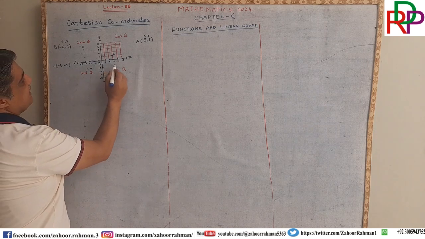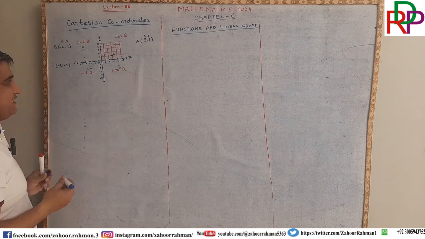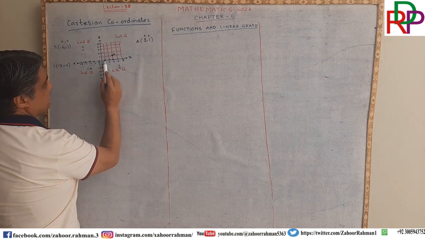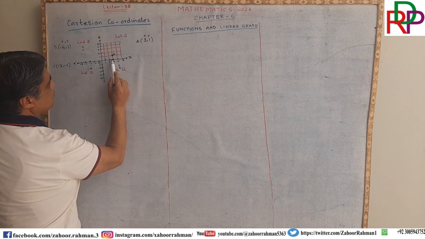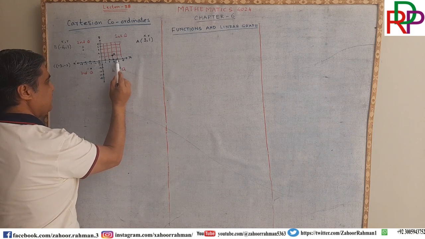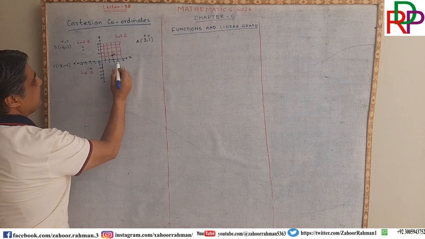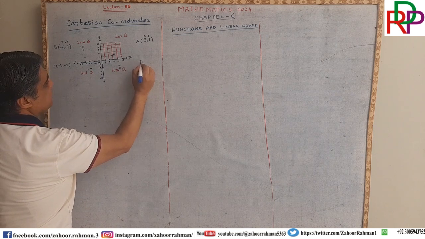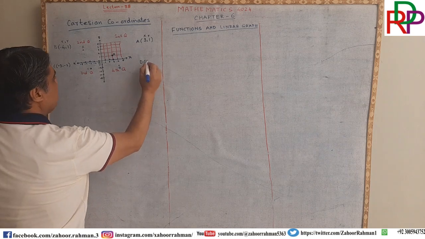And similarly, if I am specifying this point as the D point, you have to go first toward the right, 1 2 3 4 steps I went towards the right side, and then came down 1 and 2. So the coordinates of D are 4 positive.